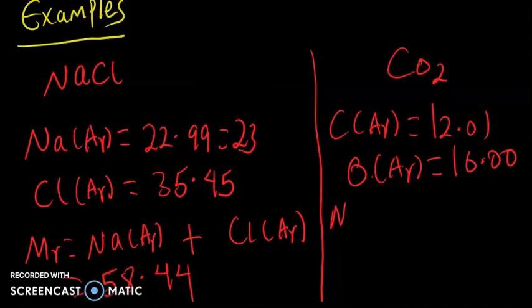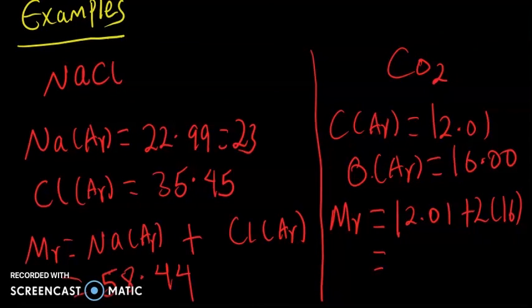So the relative molecular mass, I didn't say formula mass if you noticed, would be 12.01 plus 2 times 16. 2 times 16 because there are 2 oxygens. If there were 3, I would have multiplied it by 3. So 12.01 plus 32, that's 44. So remember, it has no units.